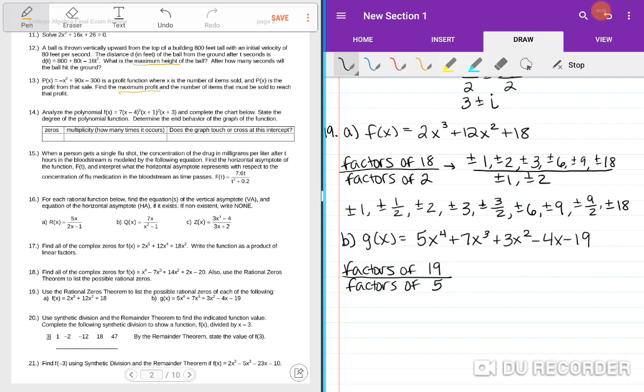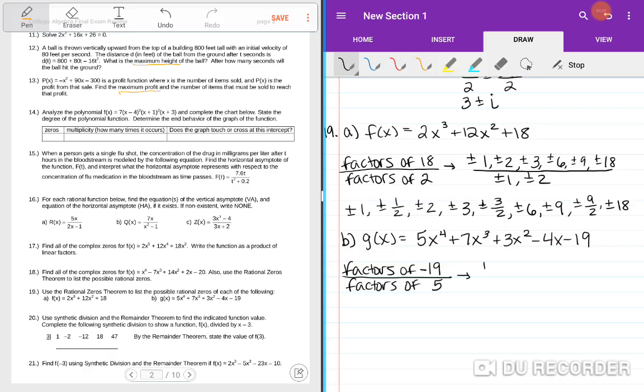Now, I know my constant is negative 19 here, but we honestly don't care if it's positive or negative because we put plus or minus with all of them anyway to handle that. So I'm not really concerned about the fact that this is negative 19. If it's positive or negative, it doesn't matter. We'll still do the same thing.